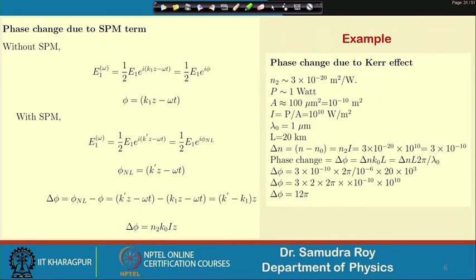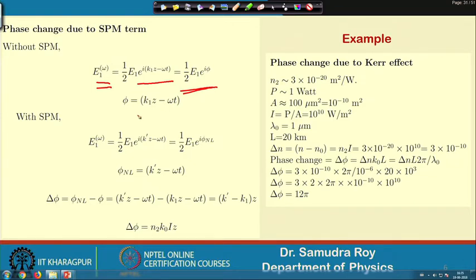Now, the phase change can also be figured out, and since we have a solution in our hand for phase, we can directly do that in terms of gamma. But here the phase change one can calculate, because E1 omega is half of E1 e to the power i k z omega, which in terms of phase I can write as half of E1 e to the power i phi.